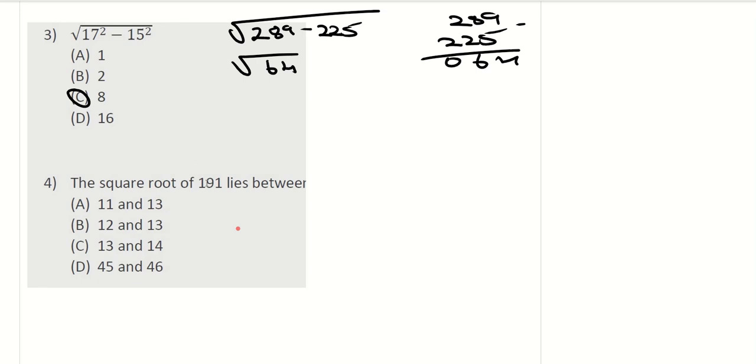Question: the square root of 191. So we want to know what the square root of 191 lies between. So we know 11 squared and 13 squared. 11 squared is 121, 13 squared is 169.